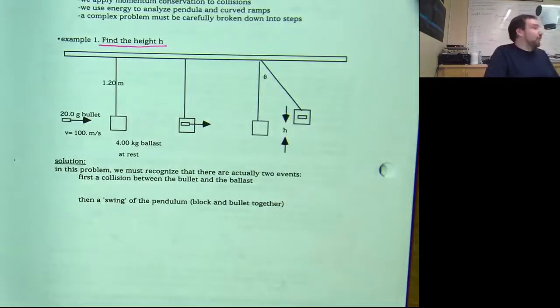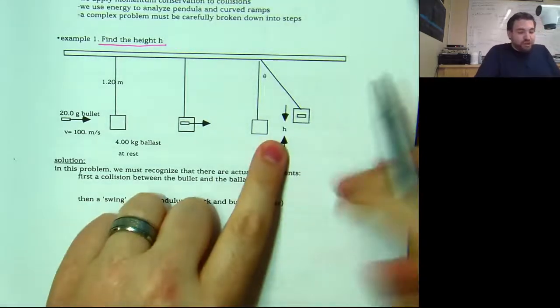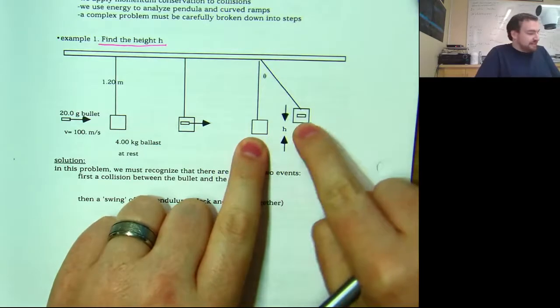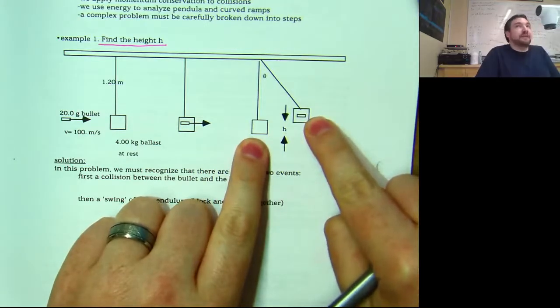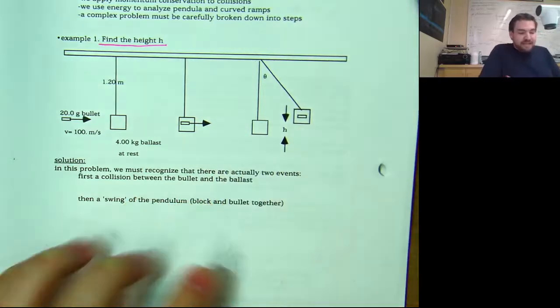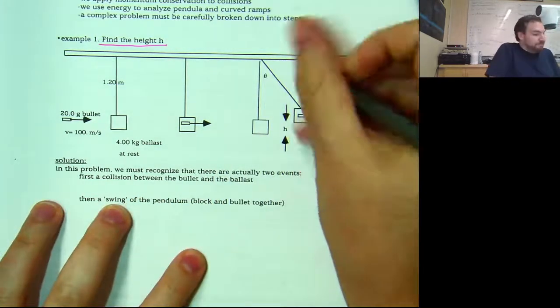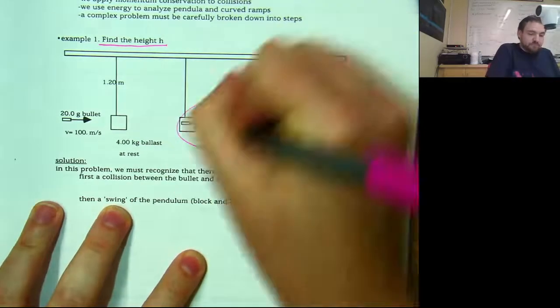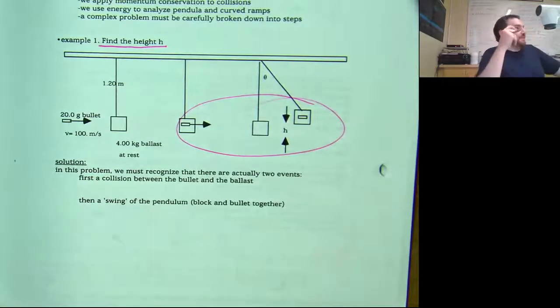So we're going to work our way backwards. So I've got an object that's rising. Okay, if I've got an object that's rising, this portion of the problem involves what concepts?